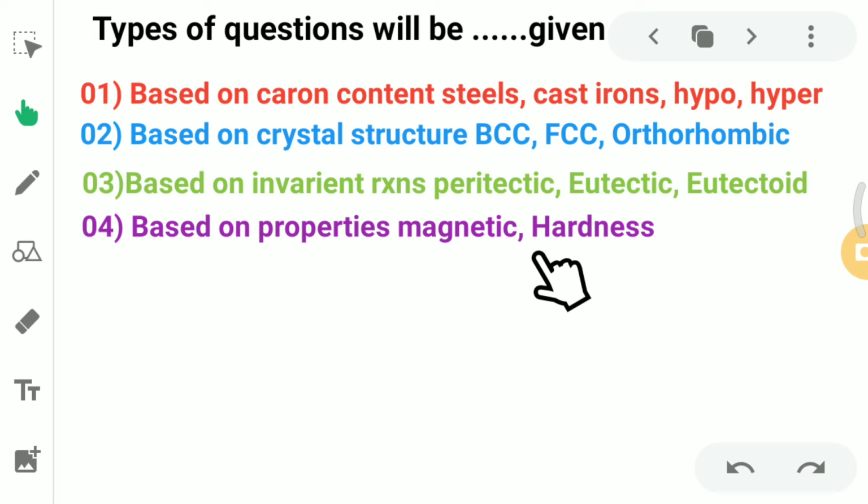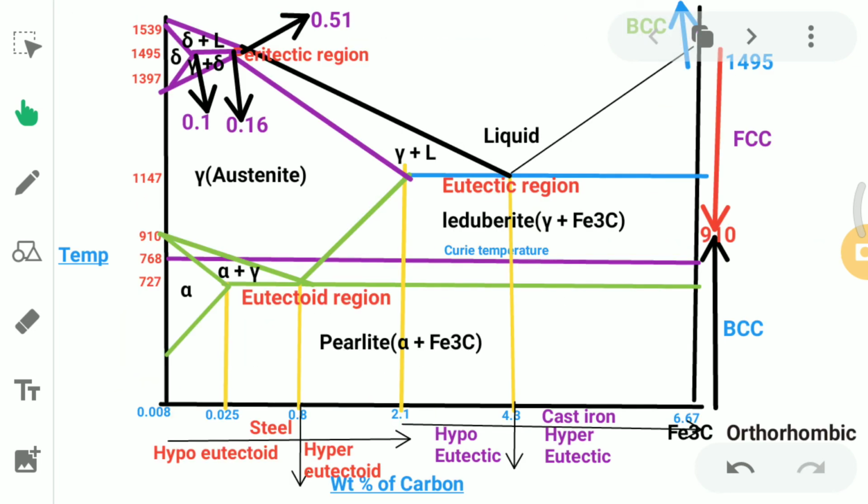I forgot to write that one. The Curie temperature for iron and steels is 768 degrees centigrade. Here in the first slide we wrote that one. At 210 degrees centigrade, cementite has its Curie point, friends.